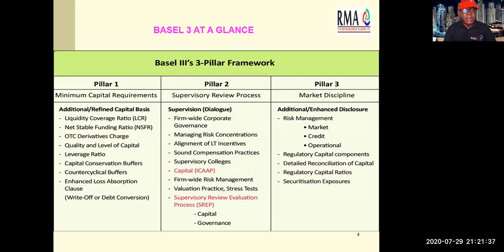Issues of OTC derivatives charge, quality and level of capital being enhanced. The leverage ratio is a new one. The capital conservation buffer is a new one. Countercyclical buffer is also a new one, and so on and so forth. So let's look at it in the next slide.